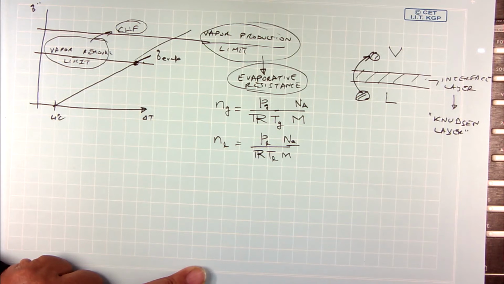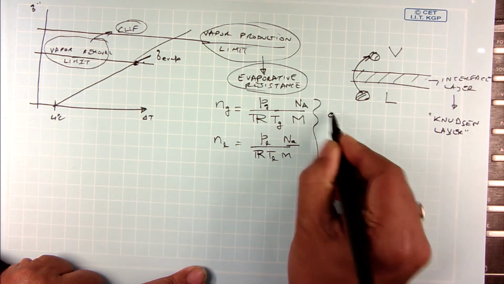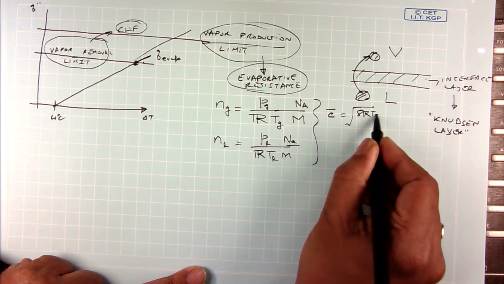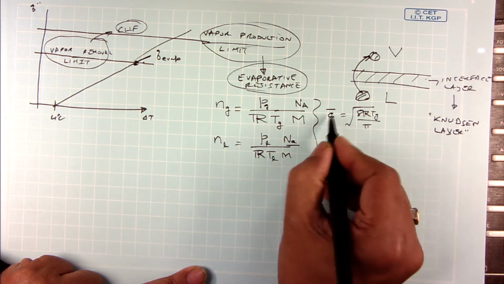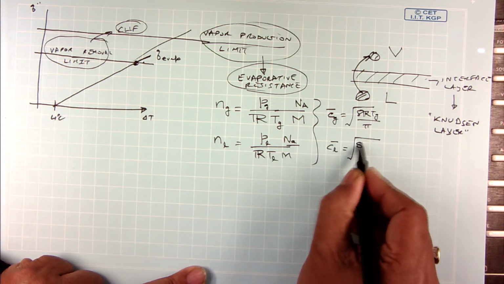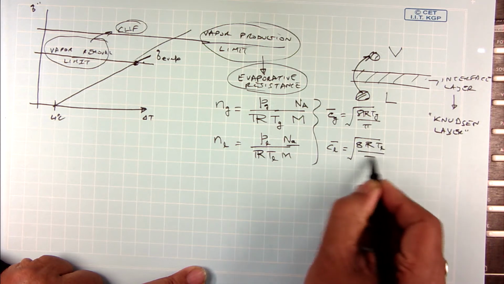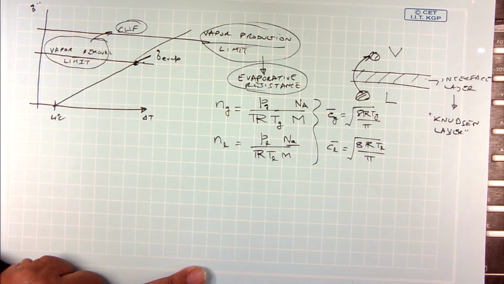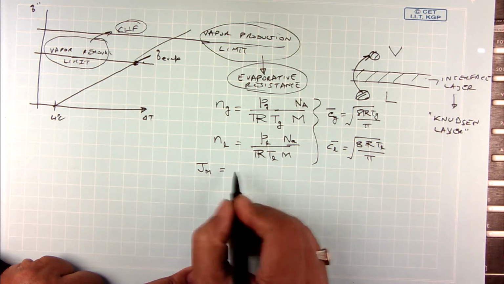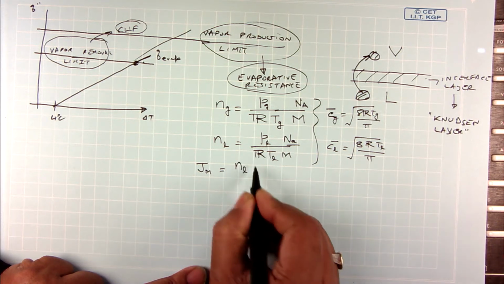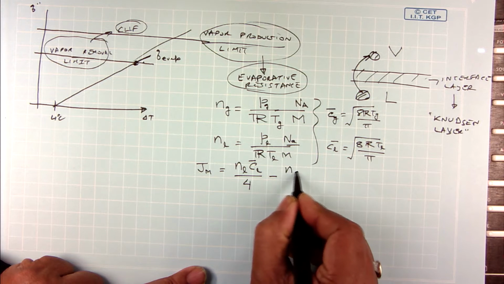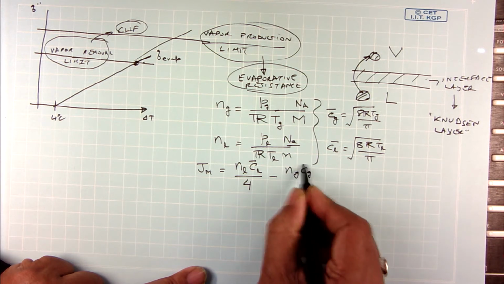And then I know from kinetic theory of gases, the average speed of the molecules is given by, okay, so that's average speed in the gas layer, average speed in the liquid is, okay, and so the mass flux is the number density of the liquid times the average speed of the liquid divided by 4 minus number density of the gas, average speed of the gas by 4.